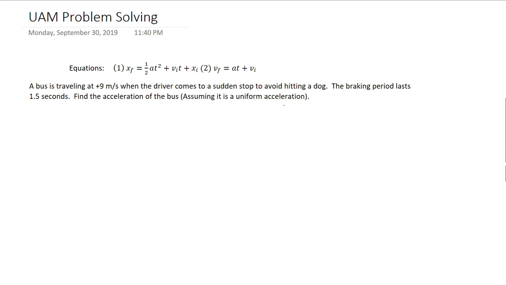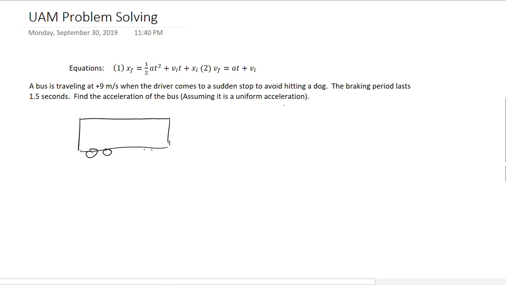All right, so like every problem here, let's visualize what's going on. Part of the reading comprehension is to be able to put a picture in your head of what's happening. So I'm going to show that by drawing a quick little sketch. There's my bus. It's moving along. I'm going to draw an arrow to represent its velocity, and I'm going to label it as 9 meters per second.